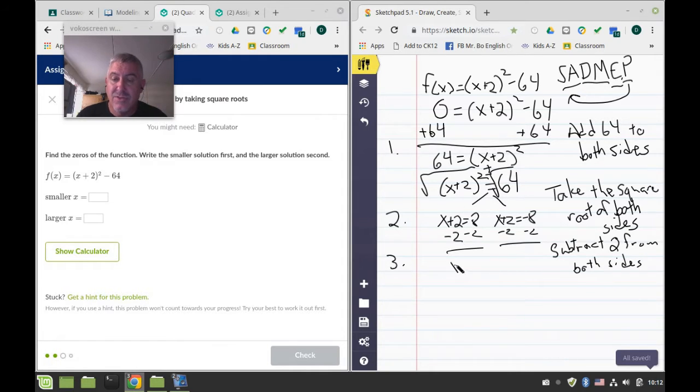All right, subtract 2 from both sides, so that means x is equal to 6, or x is equal to negative 10. And it wants the smaller number first. Which one is smaller? The negative number is smaller.